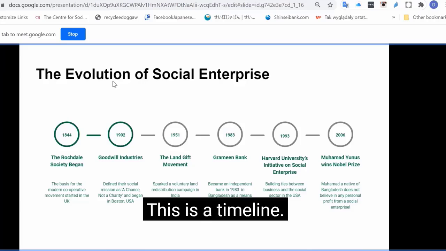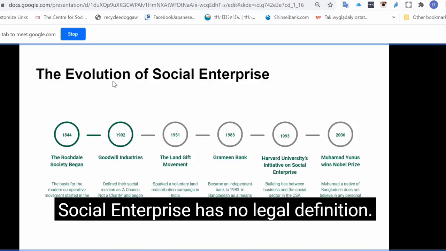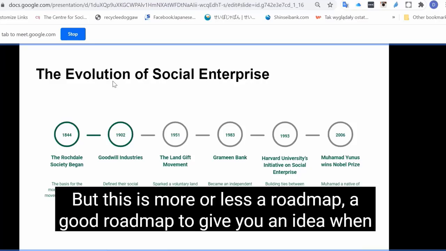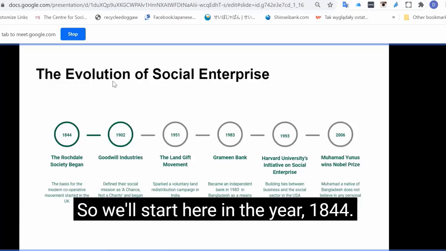This is a timeline. I cannot say that we know exactly when social enterprise began, because social enterprise has no legal definition. But this is more or less a roadmap, a good roadmap to give you an idea when and where social enterprise evolved. So we'll start here in the year 1844.